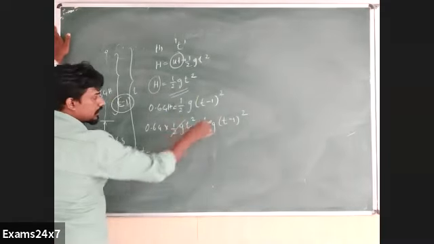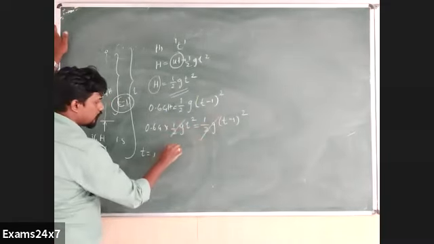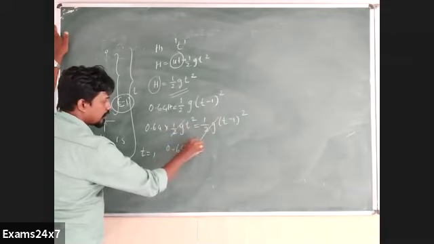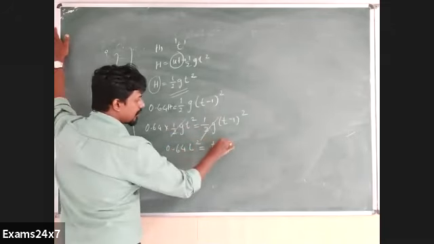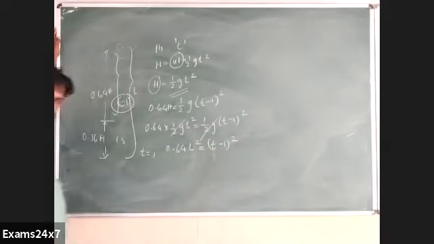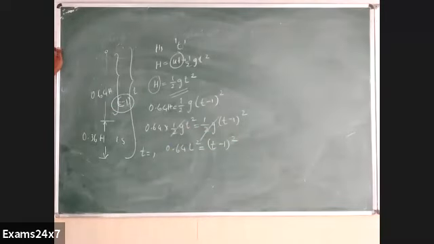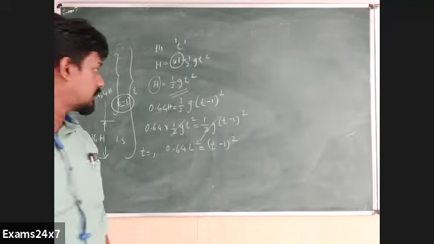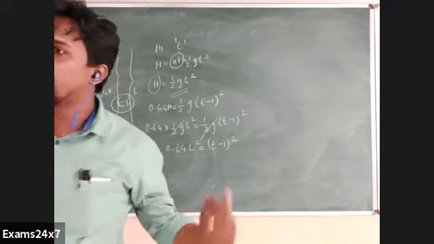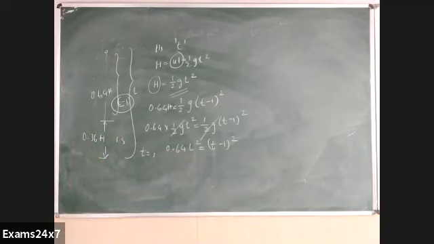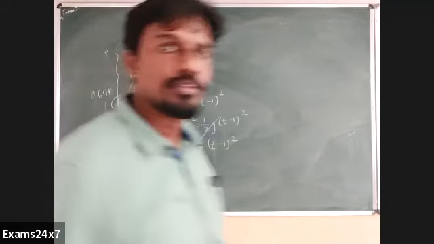Half g cancels. 0.64 t square is equal to t minus 1 square. 0.8 t is equal to t minus 1. What are you asked to find out? Height of the tower, right? Find t, then you can find the height of the tower. Okay, do it.